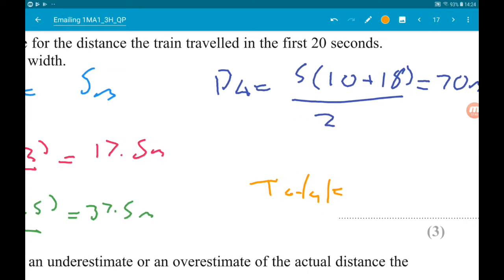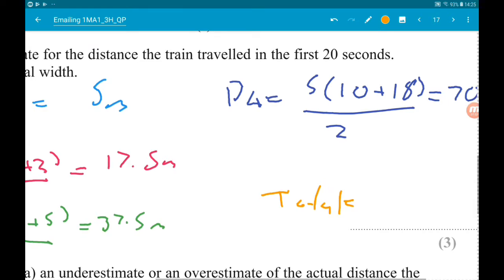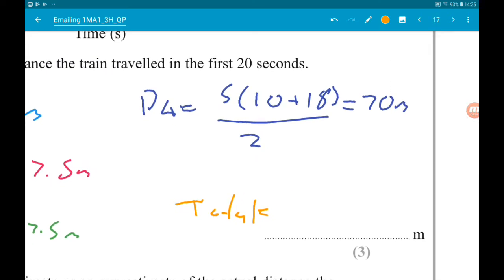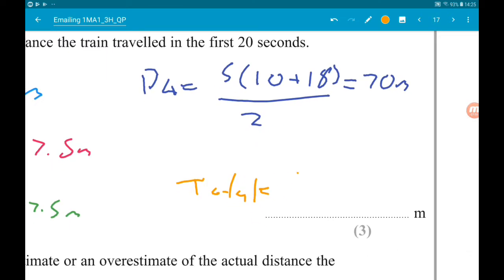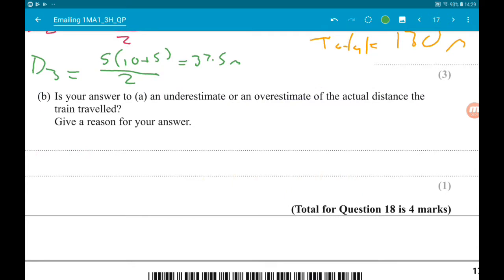So 17.5 add 37.5 is 55, add 5 is 60, add 70 is 130 meters.